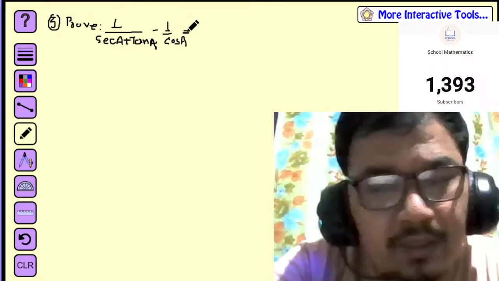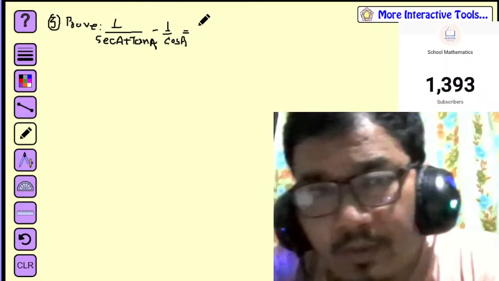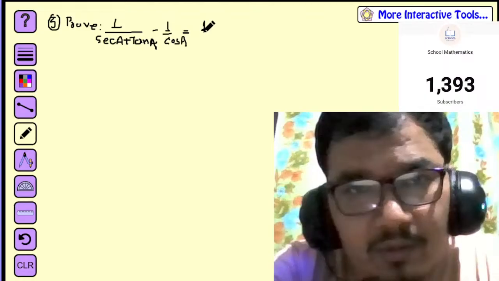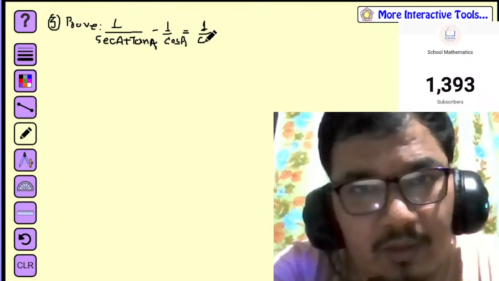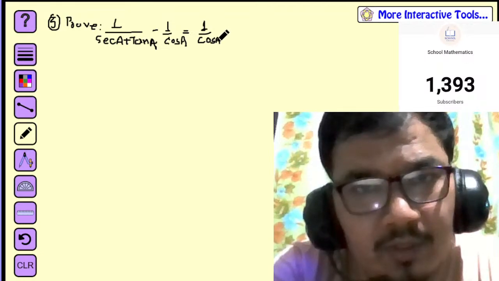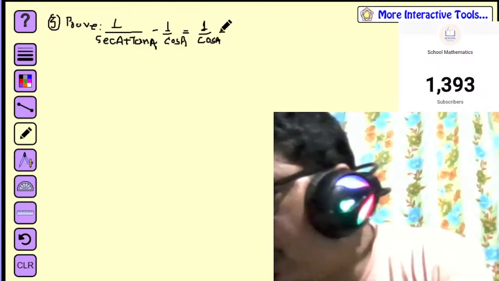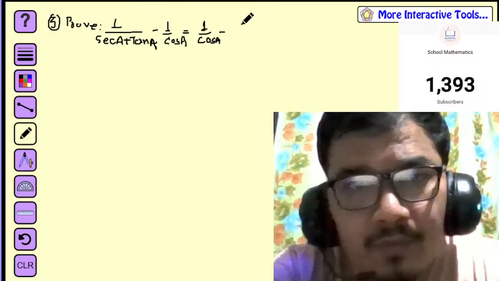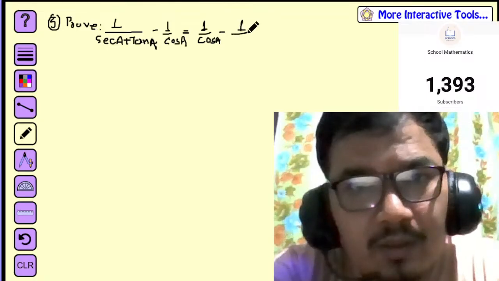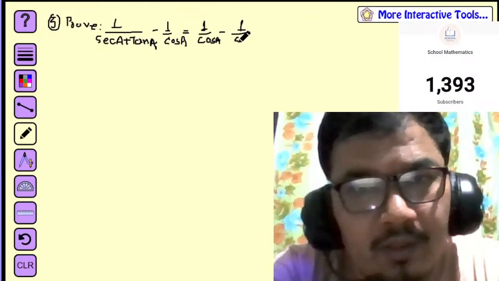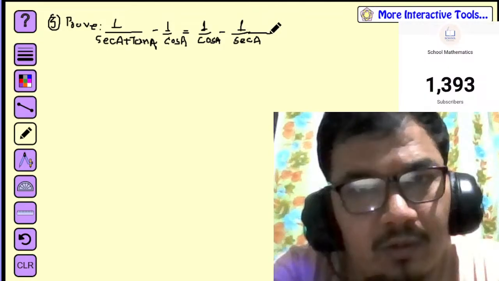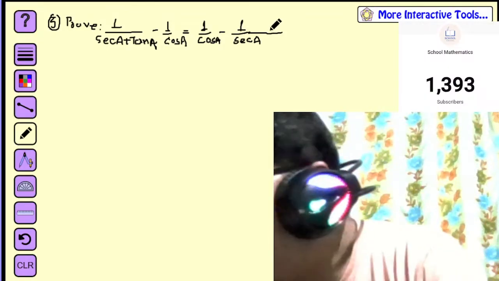And the right hand side to prove is 1 by cos a, okay? Here is given 1 by cos a, and minus 1 by sec a minus tan a.